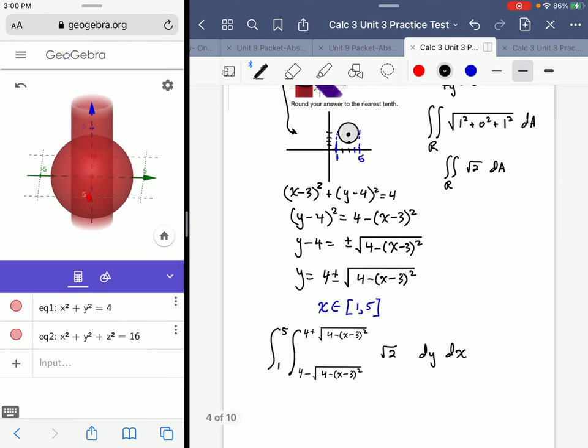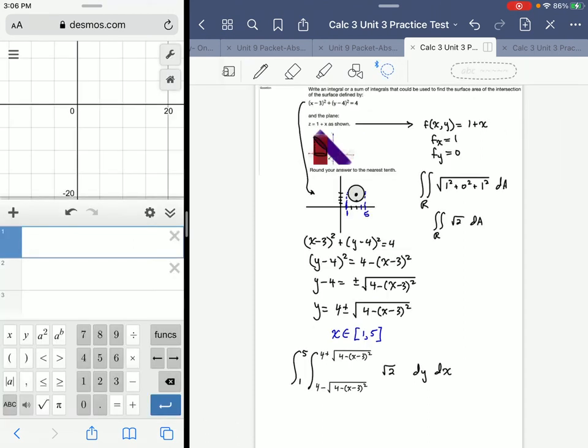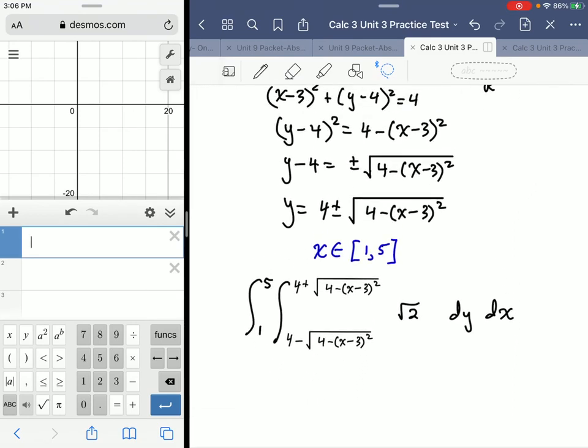So then we would just crunch it. The alternative to that would be to kick it over into cylindrical coordinates. So integrating with respect to y is not going to be difficult.